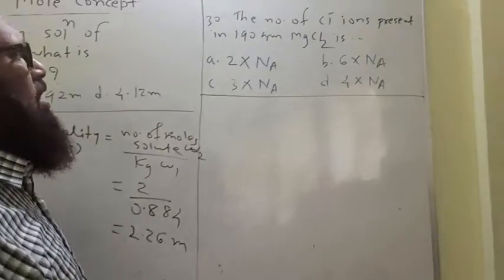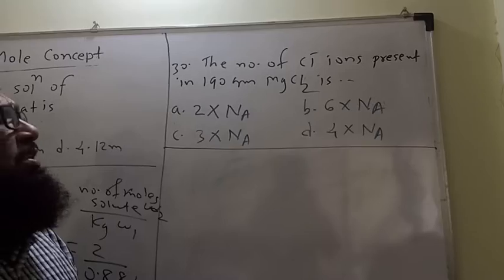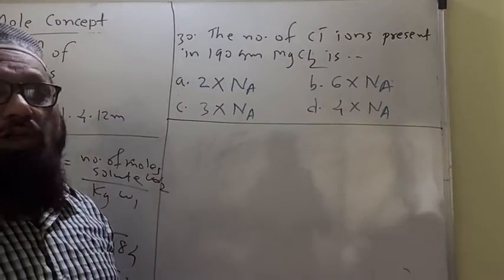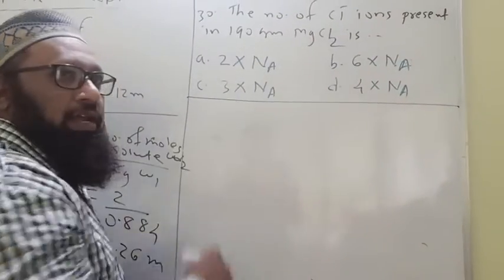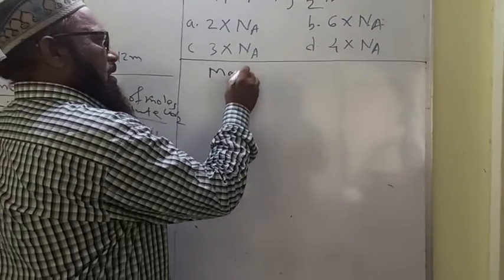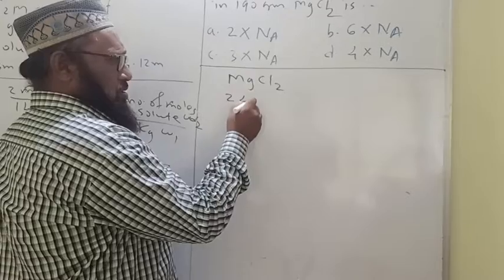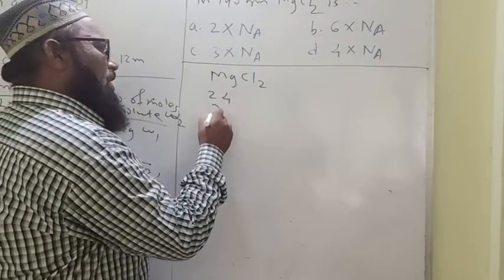Then let us see here question 30. The number of Cl- ions present in 190 gram magnesium chloride is. Now look here. First we have to calculate the molar mass of magnesium chloride. 1 magnesium 24, 2 chlorine, 1 chlorine 35.5, 2 chlorine 71.